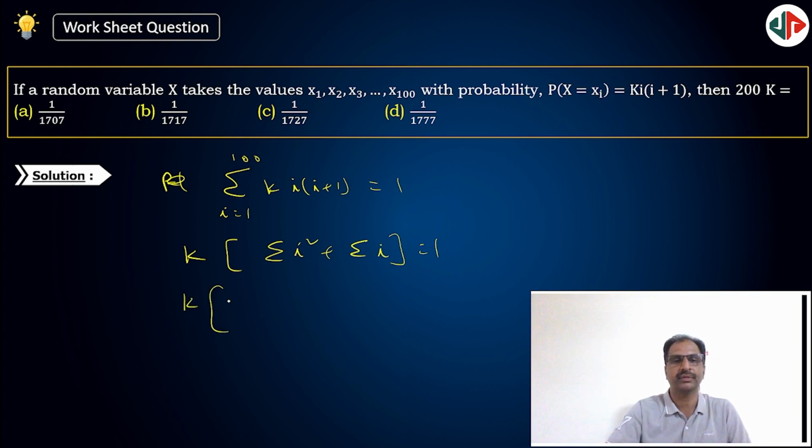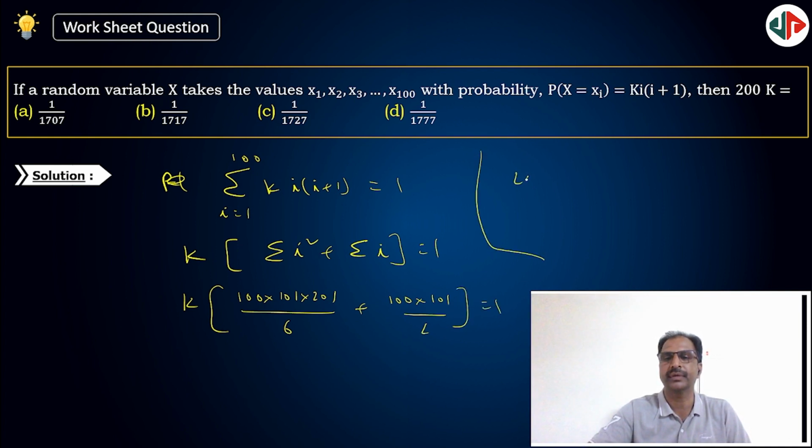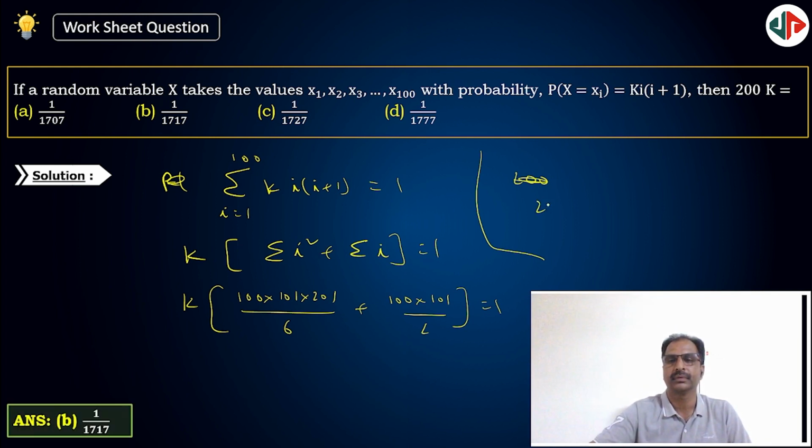What is sigma i square? 1 square plus 2 square, so 1 up to 100. n into n plus 1 into 2n plus 1 by 6. Sigma i, 1 plus 2, up to 100, 100 into 101 by 2. If we simplify this, you will get k. Then find 200 into k. Find the value of k from this and find 200 into k, and your answer will be 1 by 171.